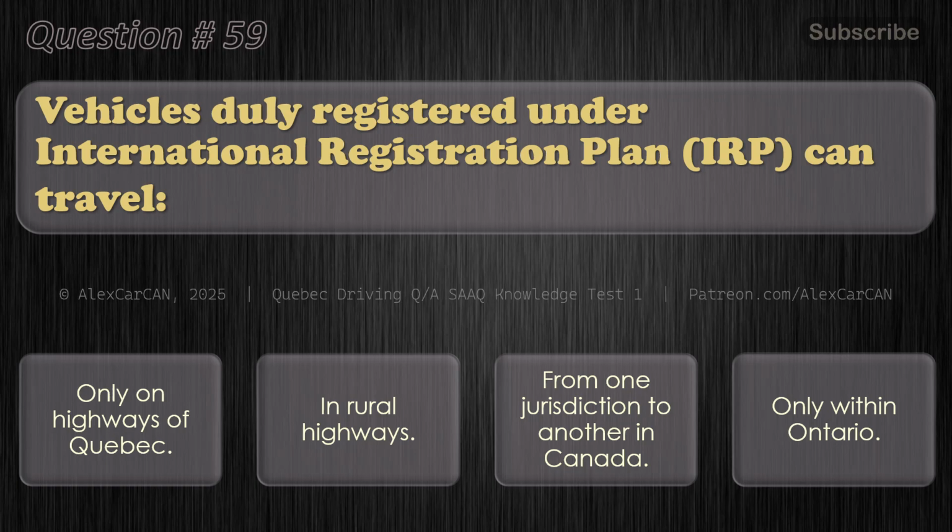Vehicles duly registered under the International Registration Plan (IRP) can travel only on highways of Quebec, in rural highways, from one jurisdiction to another in Canada, only within Ontario. The correct answer is from one jurisdiction to another in Canada.